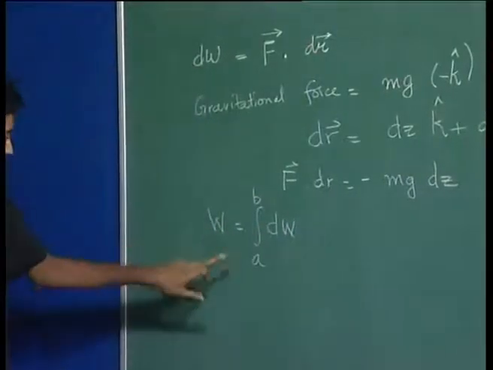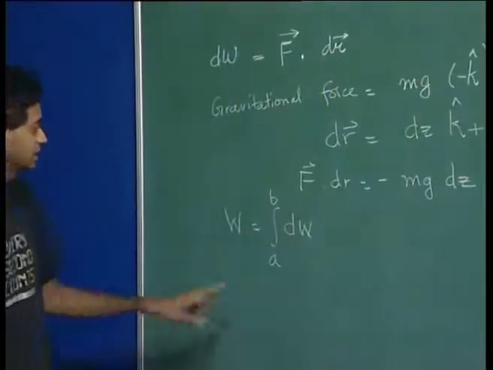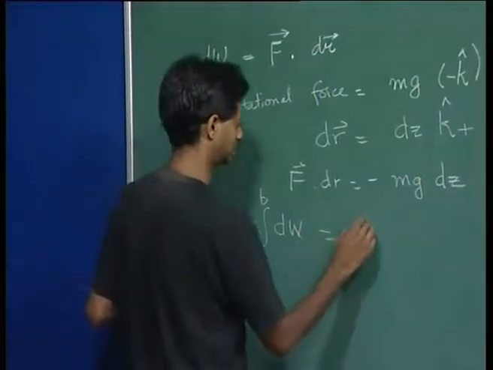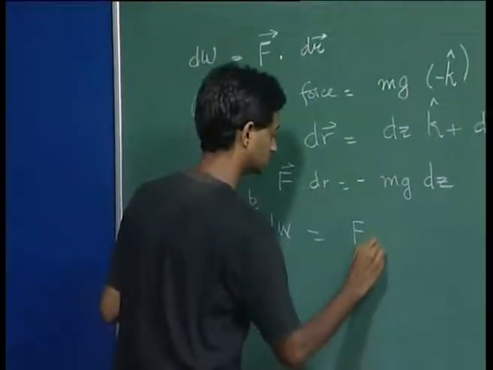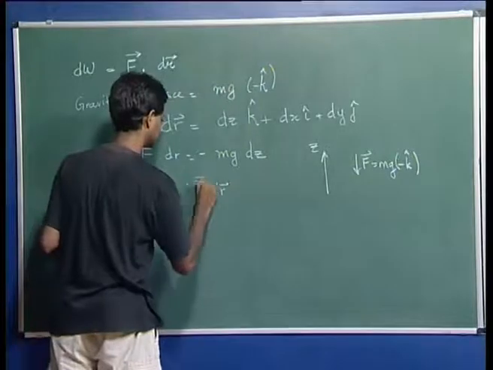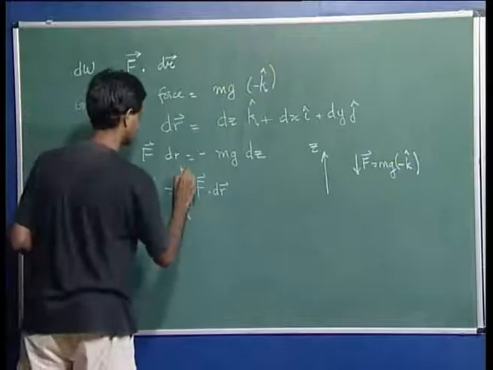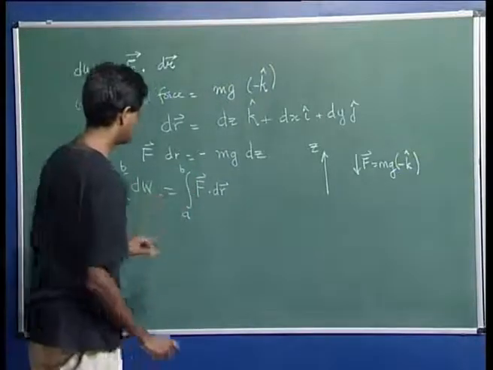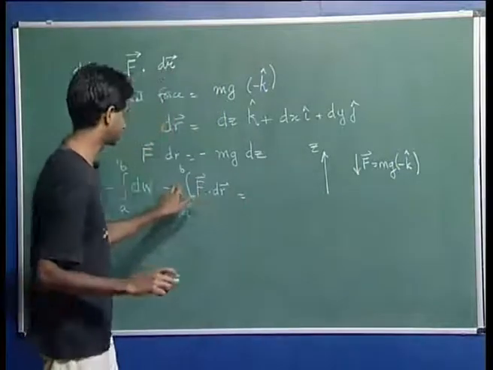The total work done in going from A to B is just the integral of dw, which in this case is the integral of F dot dr from A to B. Since F is a constant, you can take it outside the integral.